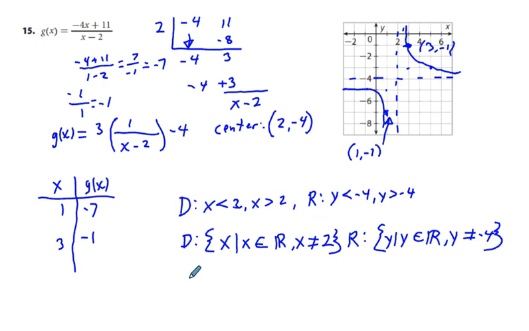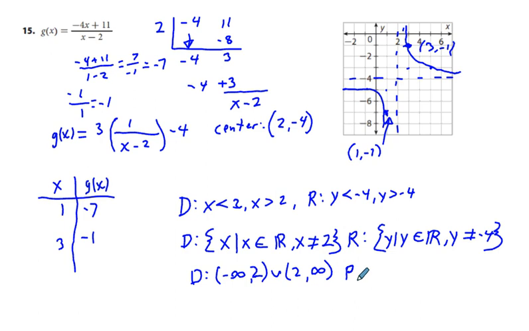And then for the last thing, we're going to go to our interval notation. Domain: x is greater than -infinity, less than 2, union, greater than 2, less than infinity.